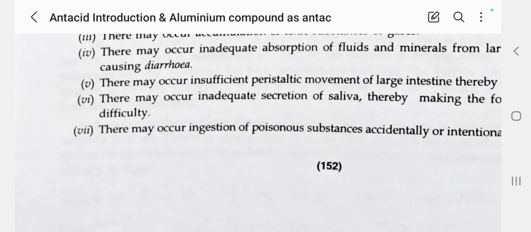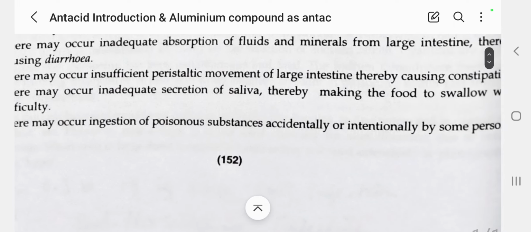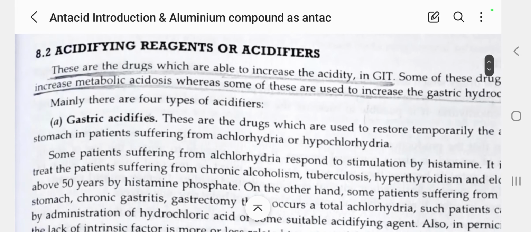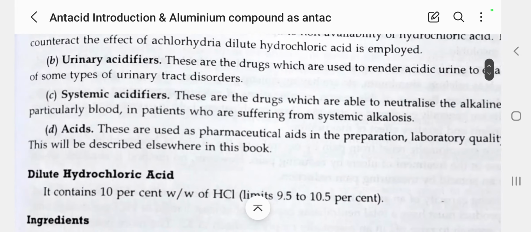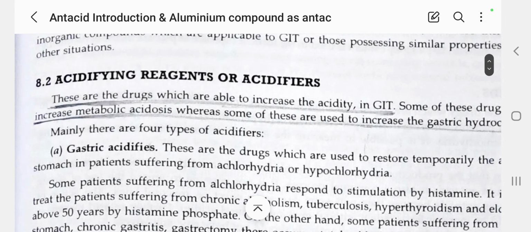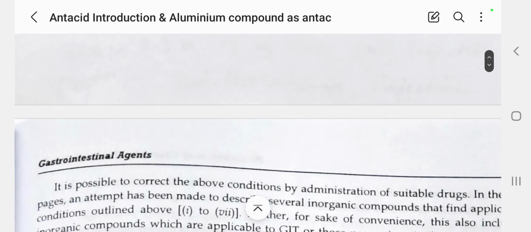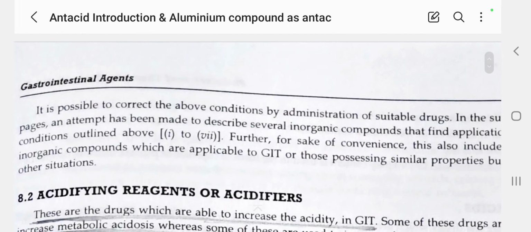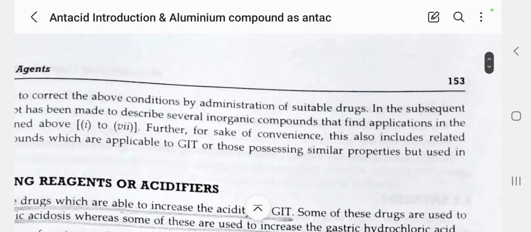There may occur ingestion of poisonous substance accidentally or intentionally by some process. So it is possible to correct the above condition by administration of suitable drug.